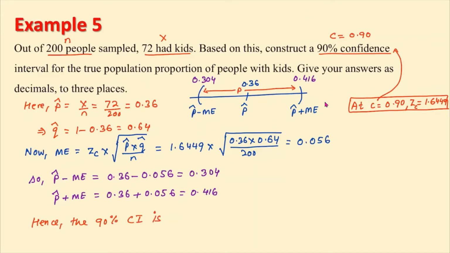So we can write like this, 0.304 is less than P is less than 0.416, or in other words, P is between these two values. So this is the confidence interval, or we can say that the true population proportion is between these two values, between 30.4% and 41.6%. So with 90% confidence, we can say that 30.4 to 41.6% of the people have kids.